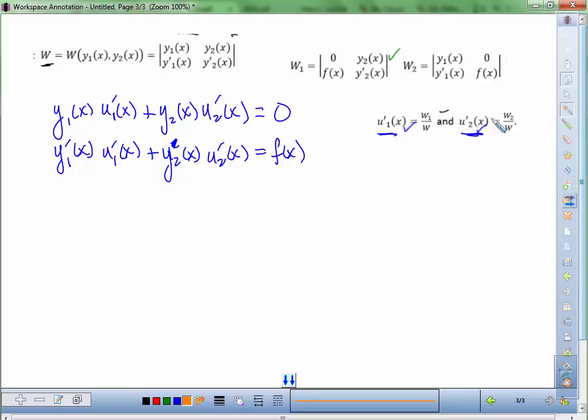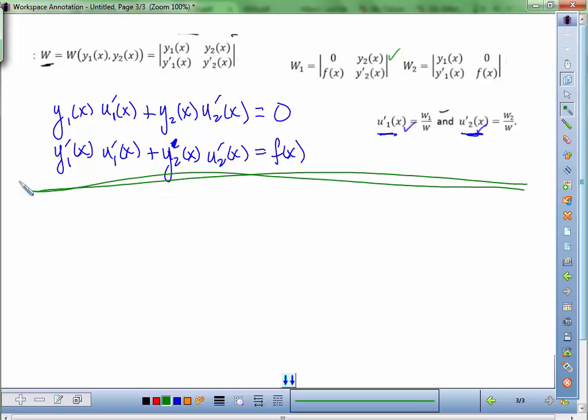So this system of linear equations came along the way where we eventually got our Wronskian stuff. Is that okay?